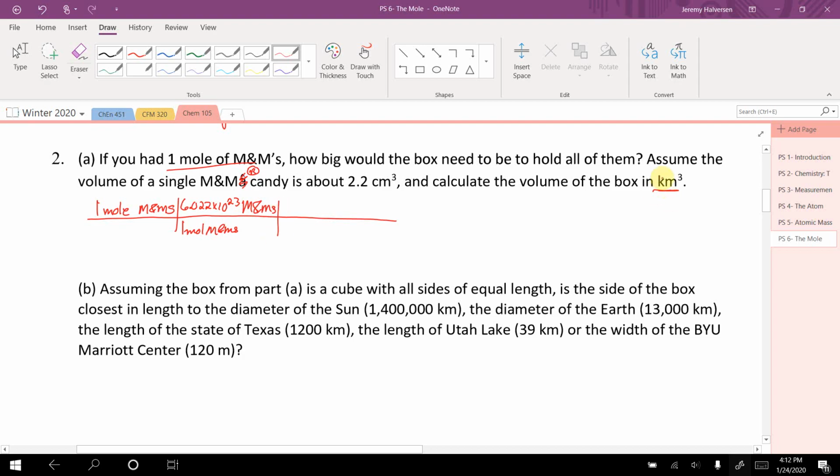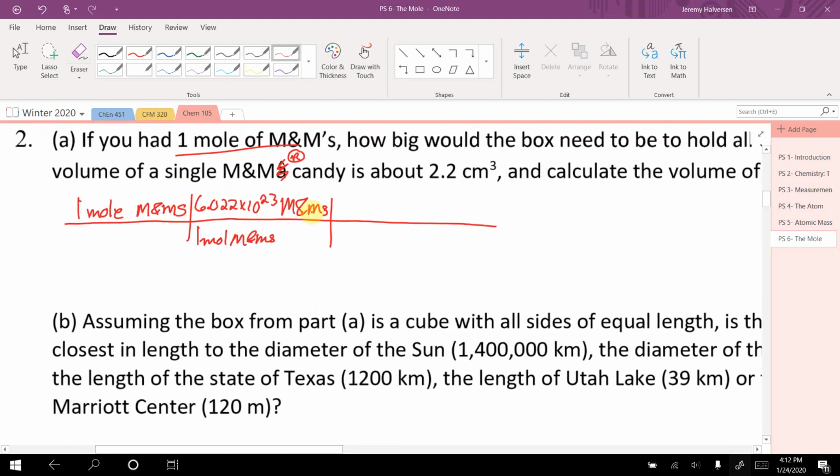We're trying to get to kilometers cubed, and we know that 1 M&M is 2.2 centimeters cubed. So let's apply that right now. We're in units of M&Ms, so I could say 1 M&M is 2.2 centimeters cubed. I'm now converted from M&M units to volume units in centimeters cubed.